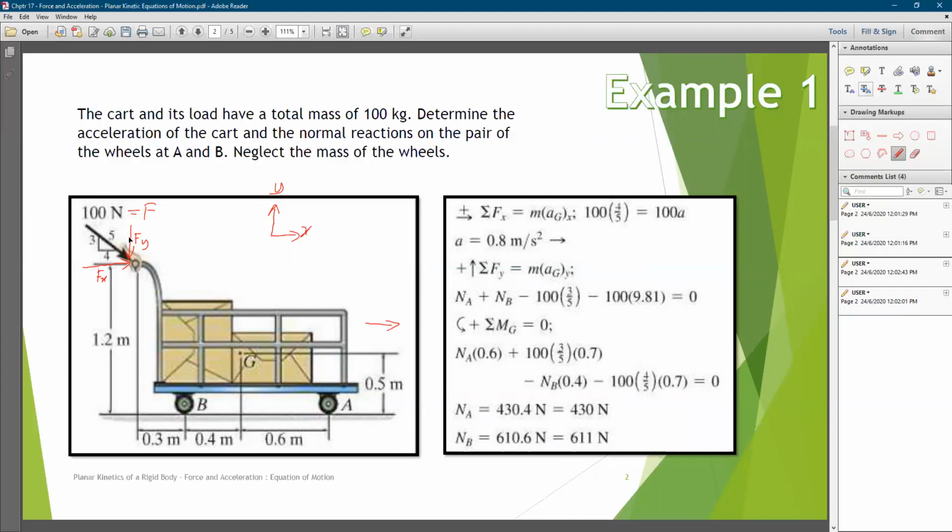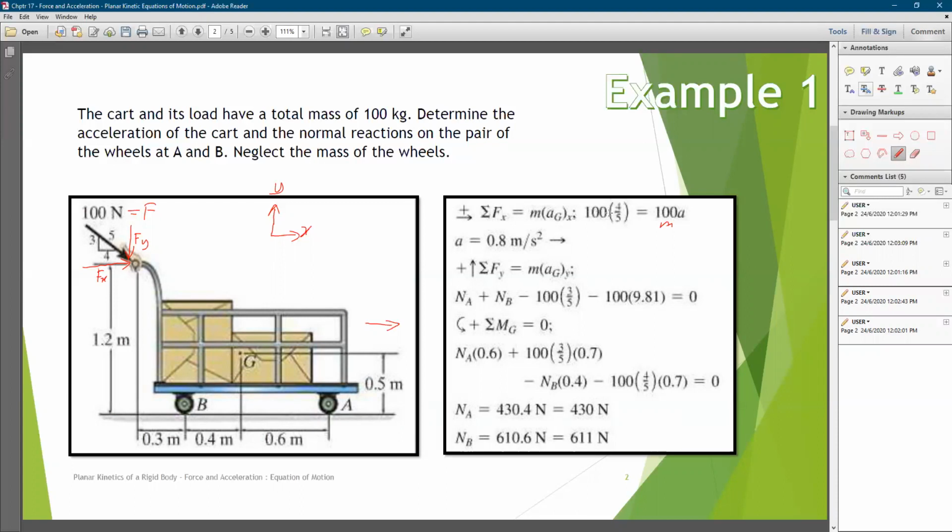If we resolve this into X and Y components, you can see something like this. In the X direction, only Fx is here, and Fx is equal to 4/5 of 100, which is equal to 100 times a, where 100 is M.